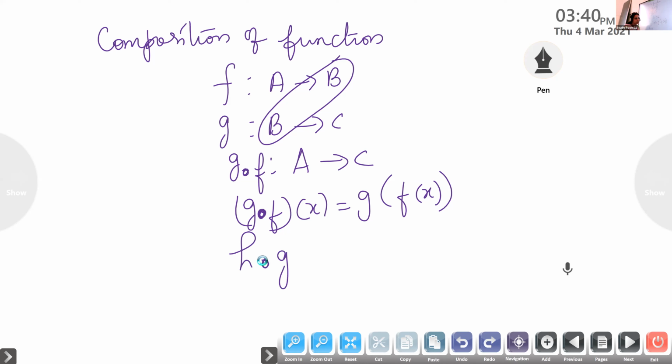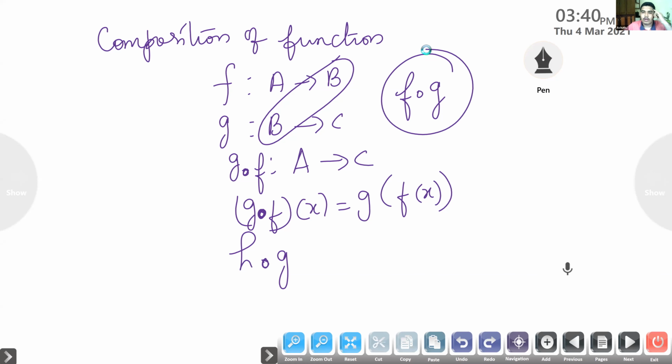Composition means that small circle notation denotes composition of functions. How will you read this, Emmanuel? How will you read this? f composition g. Don't read it as f circle g.